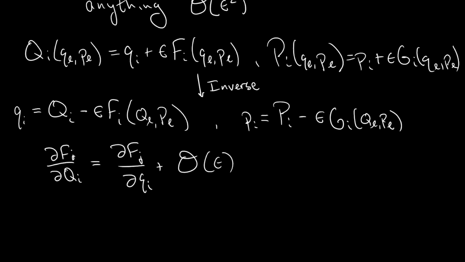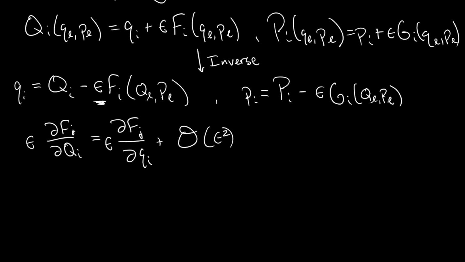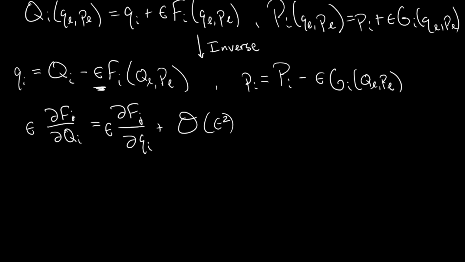So keeping this in mind, you can see that whenever I take a derivative of, say, d little q with respect to big Q, I can always rewrite that back in terms of little q, since those derivatives will show up with an epsilon in front. And so really this will end up showing up something like this, and this will be epsilon squared. Hopefully that makes sense. I'll write it out a bit more explicitly here.